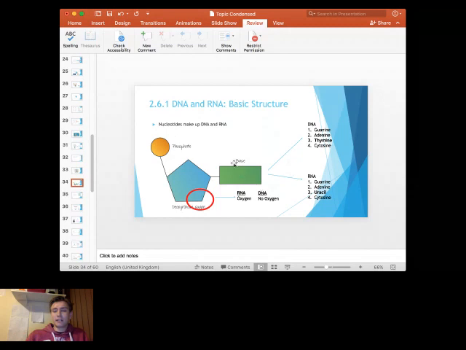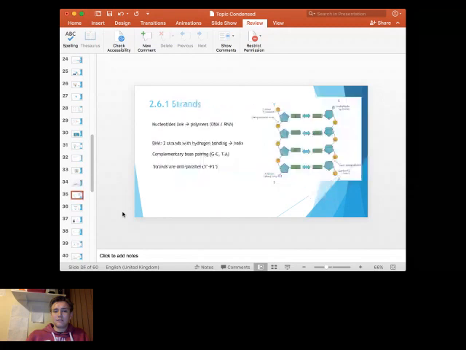Typically, we just call it the base. Okay, in terms of the IB, we just call it a nucleotide. Typically, you don't have to worry about the triphosphate part.